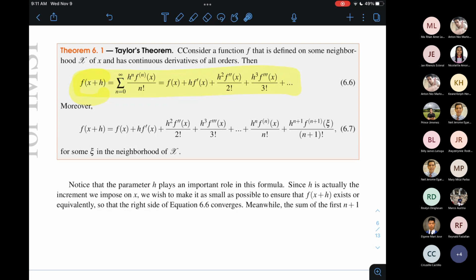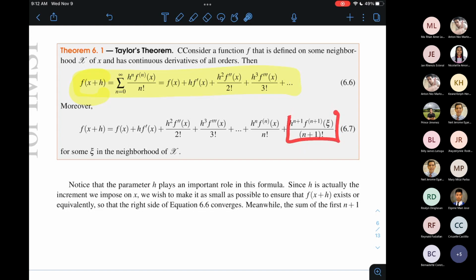Gaano kalaki yung pinutol natin. Well, Taylor said, kapag pinutol mo siya hanggang sa degree n term, yung error na nakomit mo, which is basically the leftover terms in the summation, will just be h to the power n plus 1 times the n plus 1 derivative of f evaluated at some number c in some neighborhood of x all over n plus 1 factorial.